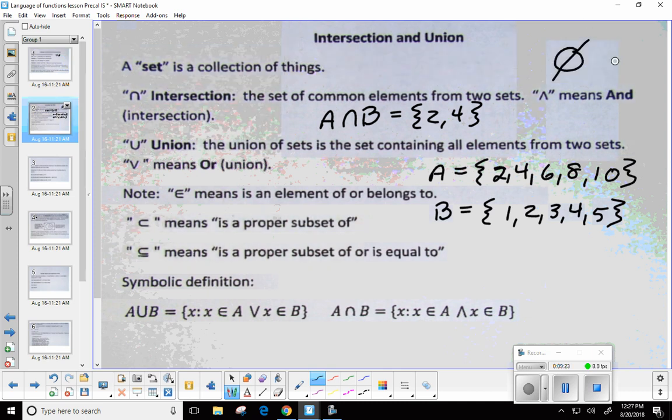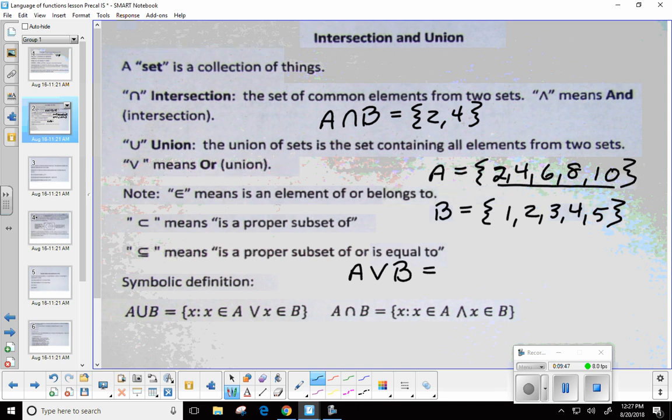Now, what if I were to ask you this? Okay. Now, don't let the fact that I use the V instead of the U worry you at all. What does the V mean? It's the union. So how did I describe the union? It's a marriage. I want to take every element that's in A, and I want to create a set with every element from B. Now, what happens if there are shared elements?